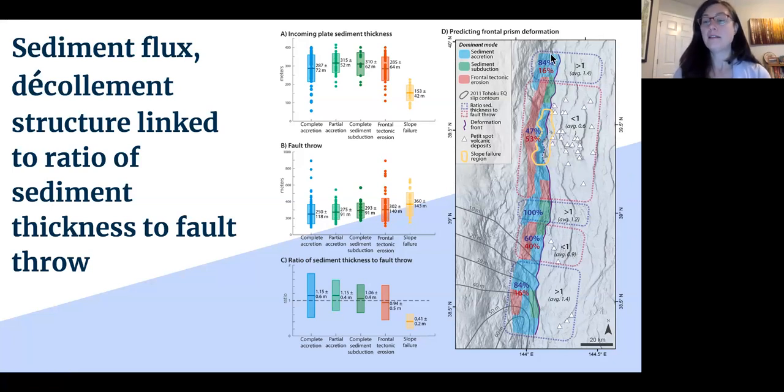We find that these modes vary over relatively short spatial scales, but that in some, there is more sediment accretion than there is sediment subduction and tectonic erosion.